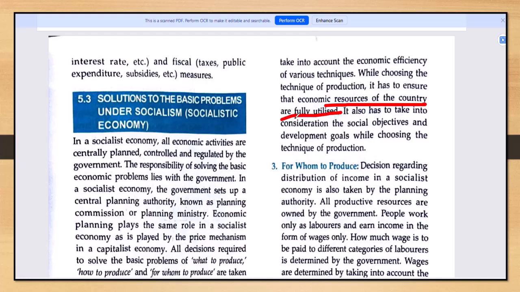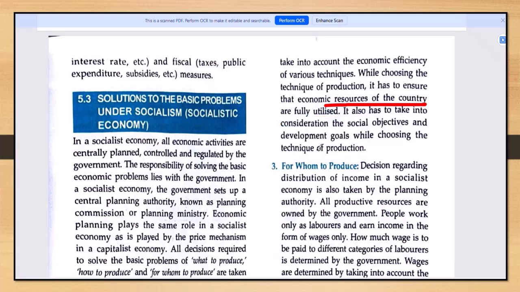It is not aimed, unlike the capitalistic economy where they were choosing the cheapest factors or the techniques giving the best efficiency. Here it is not that. Here it is for economic efficiency, as well as the main objective of full utilization of the resources available.